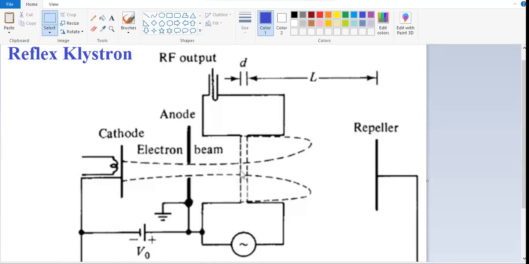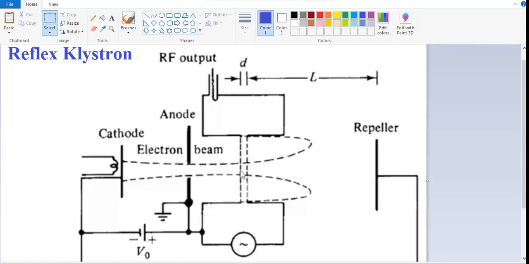A two cavity klystron oscillator is usually not constructed, because it has some disadvantage.